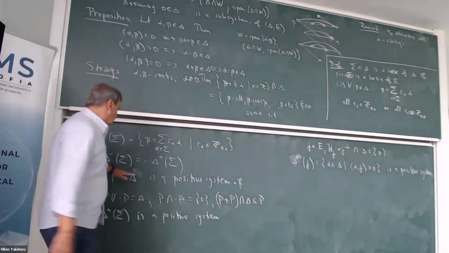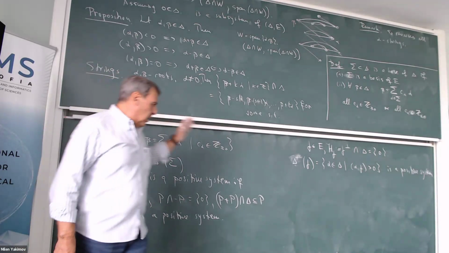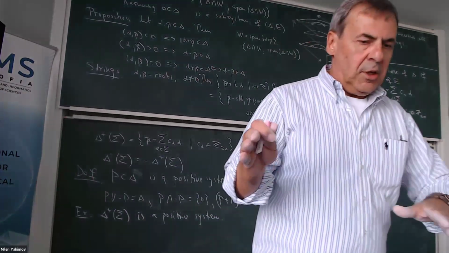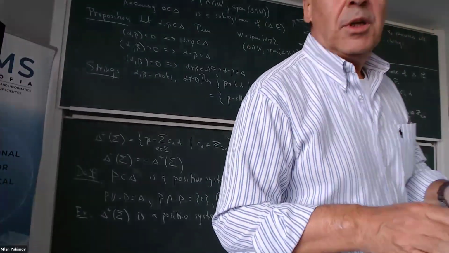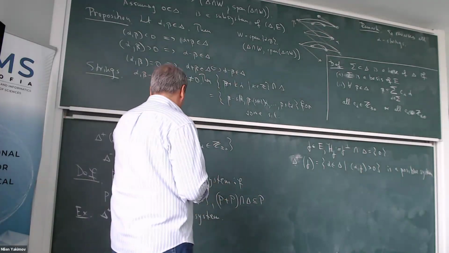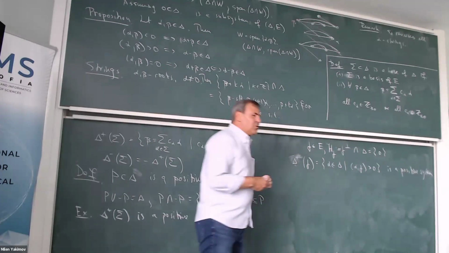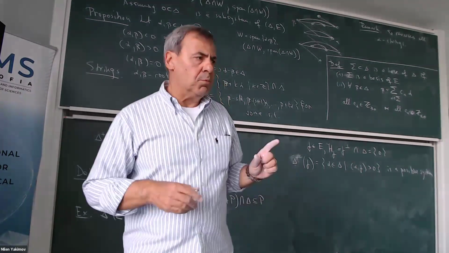So that's the definition of a positive system: it provides a partition of the roots which is closed under addition. And here are two examples, not difficult, but it requires a little bit of proof.